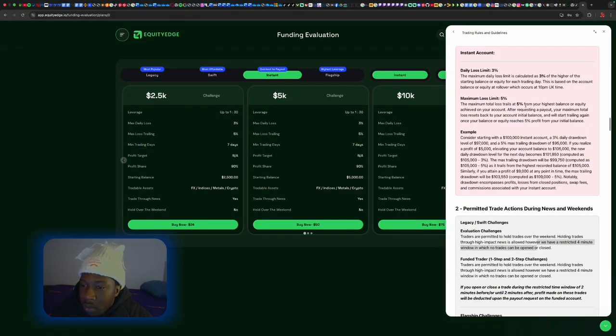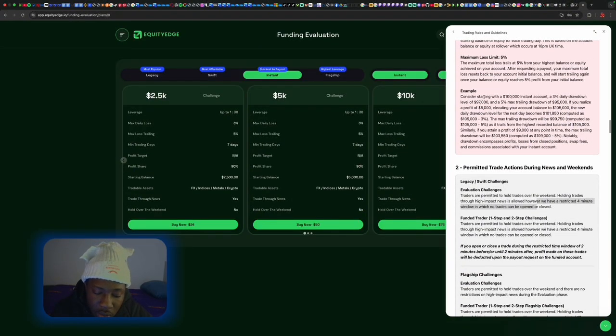They are saying the maximum total loss trails at 5%. So they are trailing my profits on the trades which are opened.